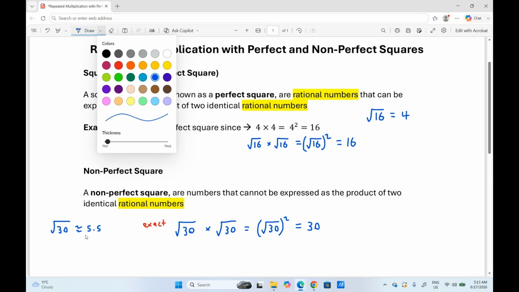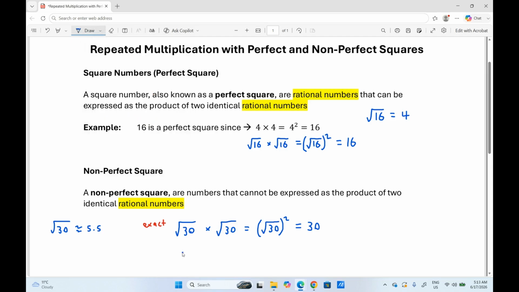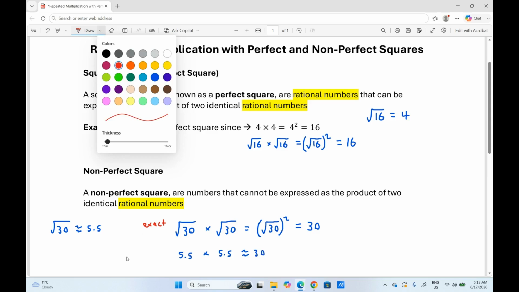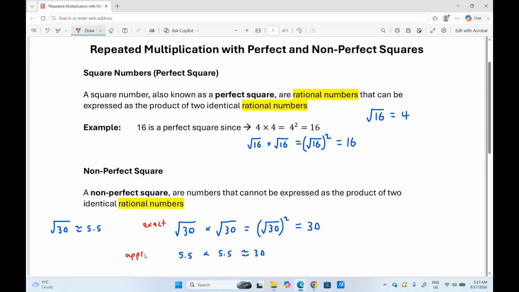But if I were to find an estimate, then I would do 5.5 times 5.5. And I would assume that gets me approximately 30. But that's an approximation. That's the approximate value, right? So approximate value versus exact value. Might as well review that here while I'm at it.